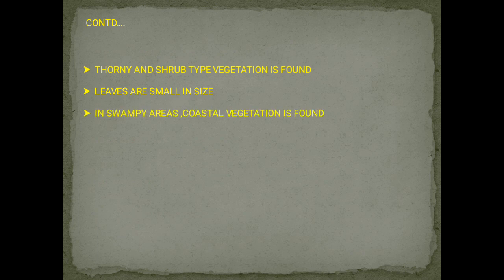In swampy, that is marshy areas, estuaries and lagoons near coastal areas having saline soils and moist climate, coastal type of vegetation is found. They are called mangroves or sundarbans in India. The wood of these trees is oily, light, and durable.